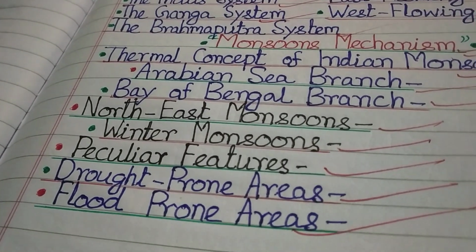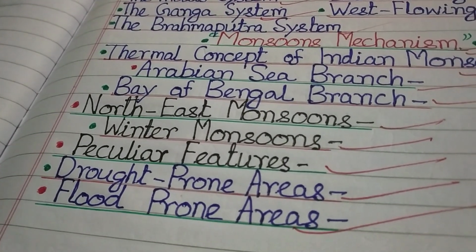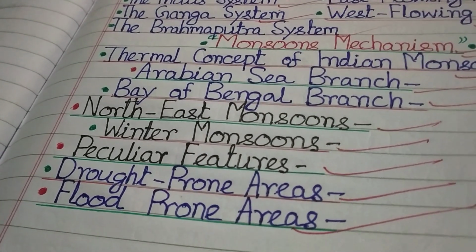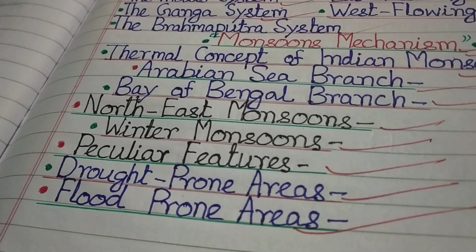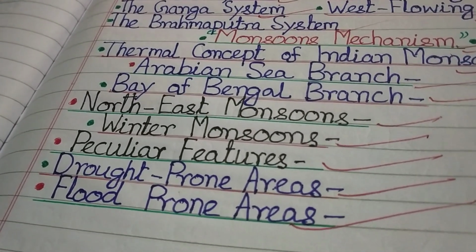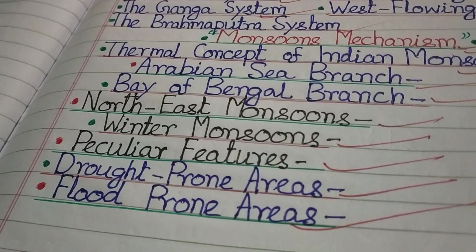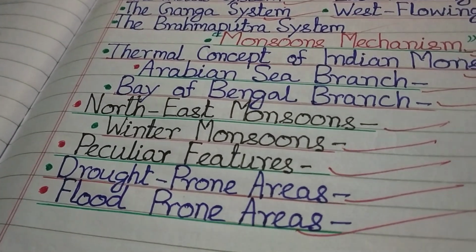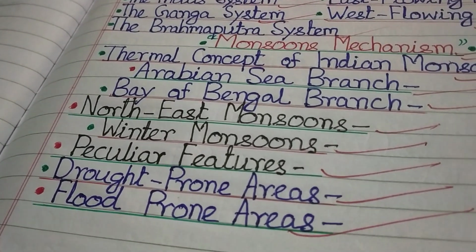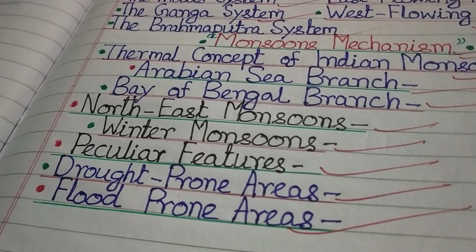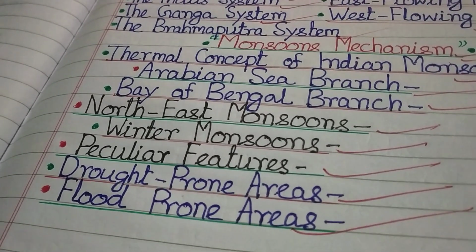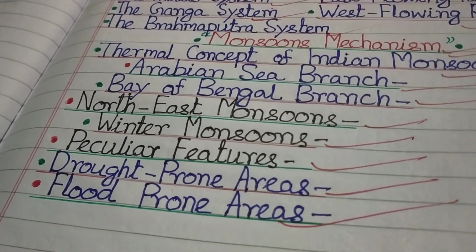These are formed in the Bay of Bengal and move along the southern fringe of the northern plains, causing copious rains there which are vital for the rice crop. The intensity of rainfall decreases from east to west and from north to south in the northern plains.